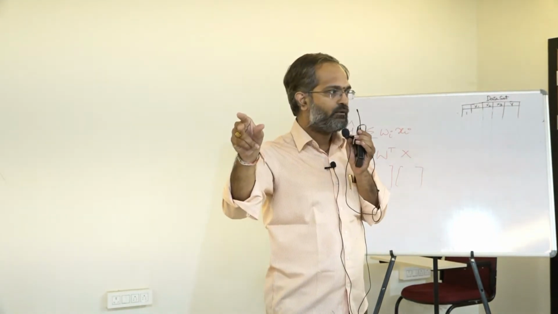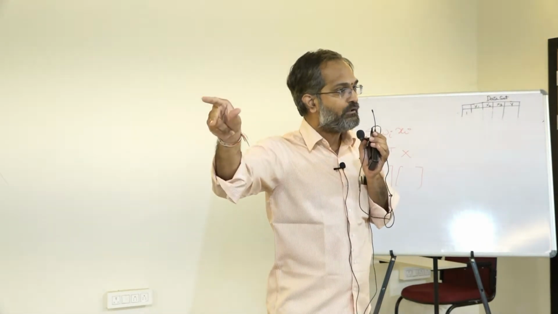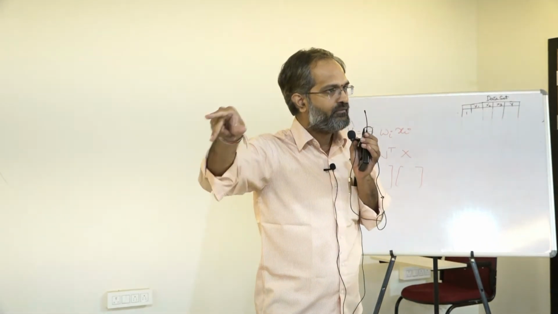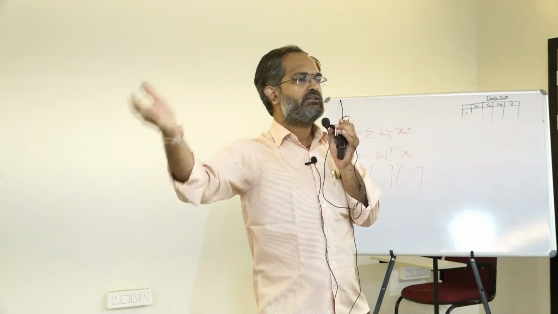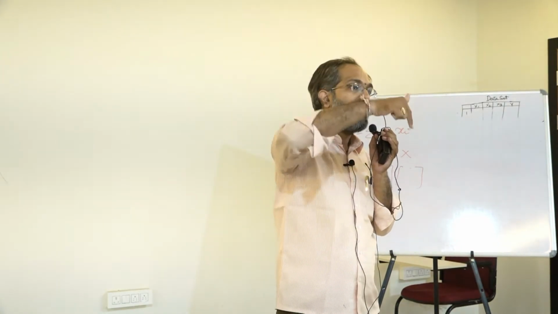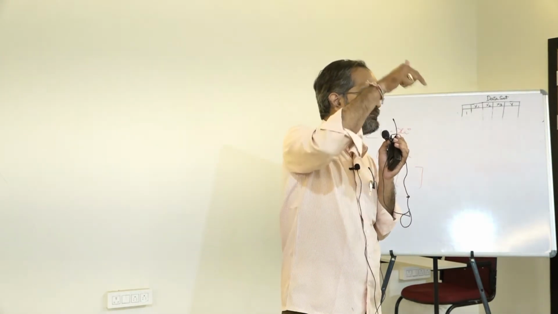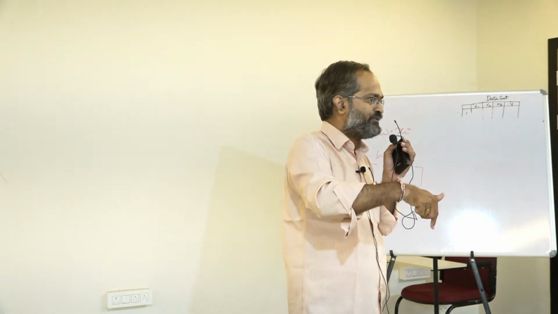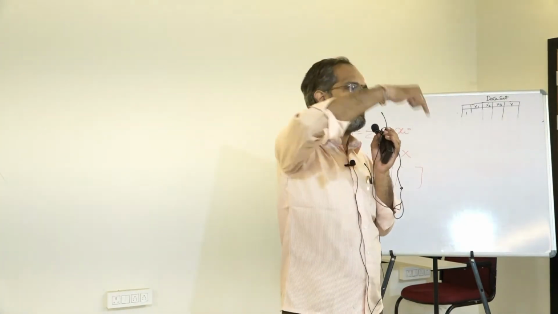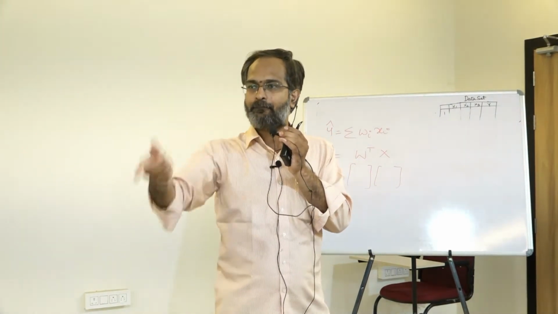Based on the mean squared error value, that is called the loss, we will call it the loss also. Based on that loss, we have to update the weights, that is beta 1, beta 2, beta 3. How can we update that? We have to find the derivative.